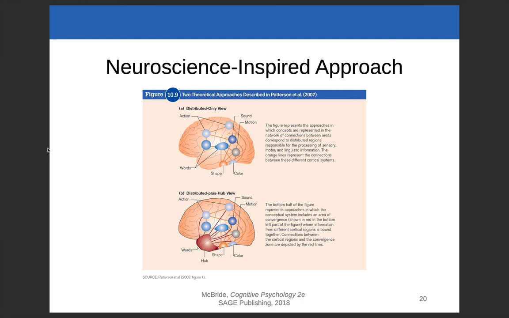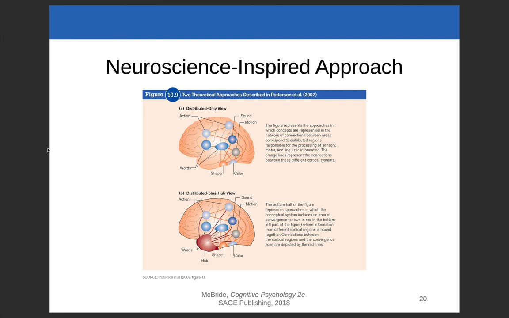So you have action processors, sound processors, motion processors, shape, color, words, and they all work together to come up with a model of what category a particular thing belongs to.